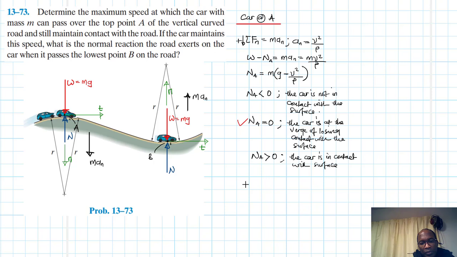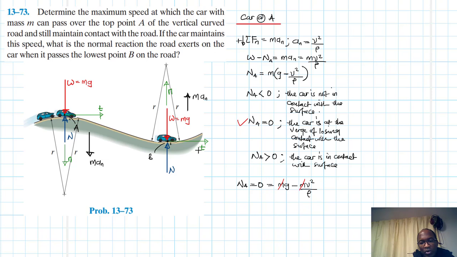So writing this, N_A equal to 0 will just be equal to mg minus m v squared divided by rho.